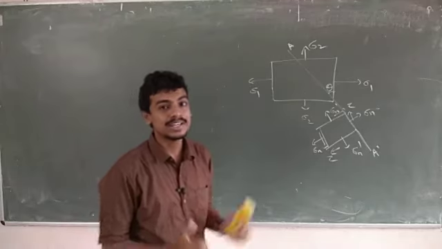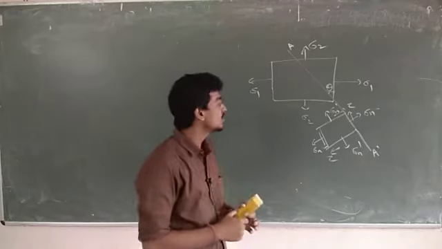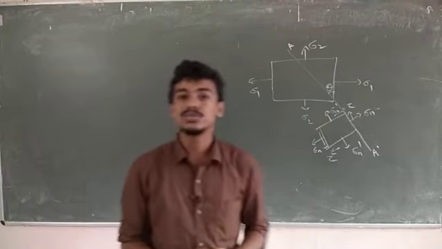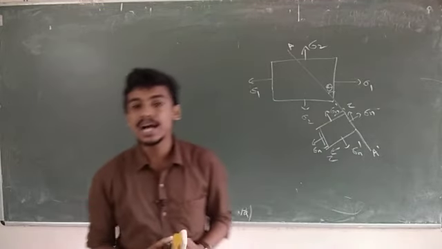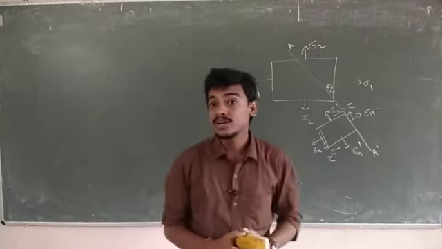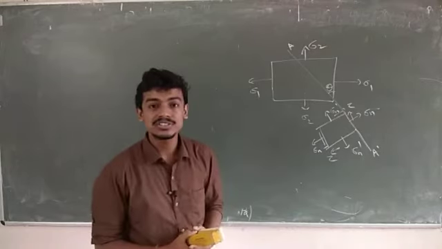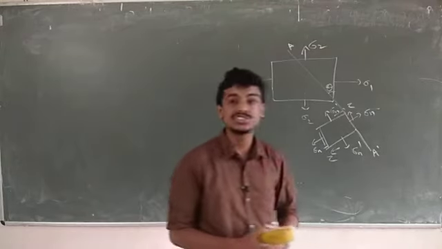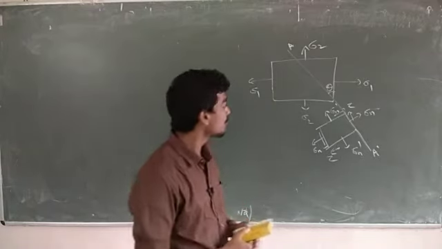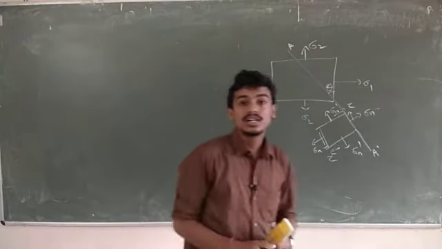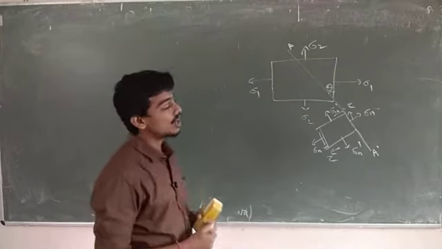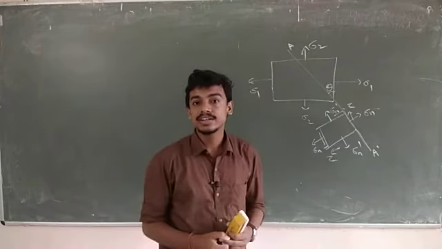In case 1, one member is subjected to a uniaxial stress sigma x, and we had to find the normal stress, tangential or shear stress, and the resultant stress. After that we solved one numerical related to case 1.